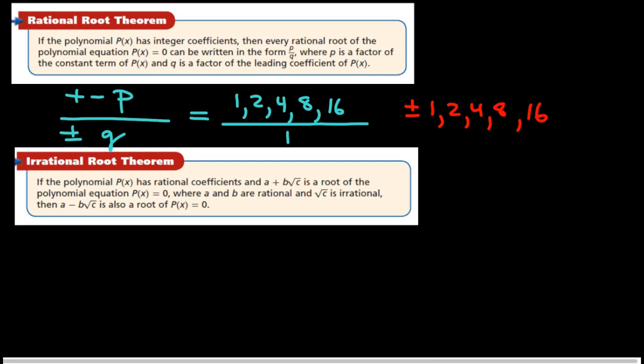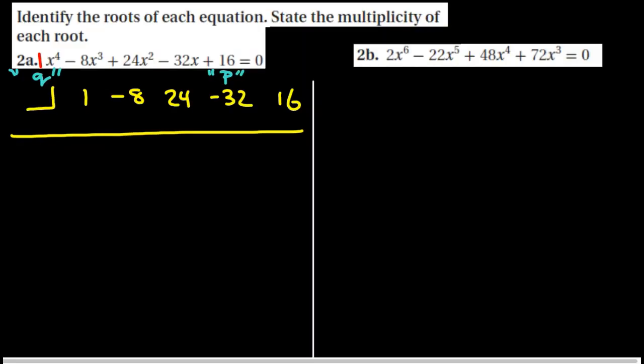It would be way uglier if q was a number not equal to 1, because then you would have fractions. So the other alternative is just simply guess and check. You guess what value is a root, and you put those values in the box.